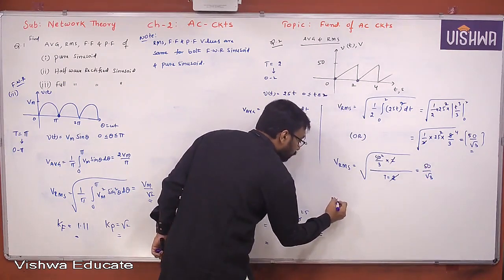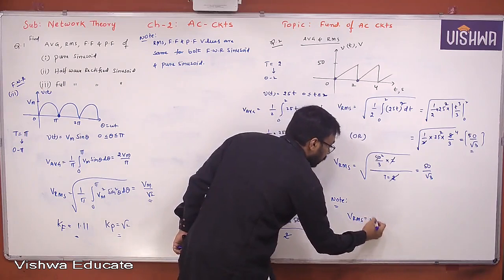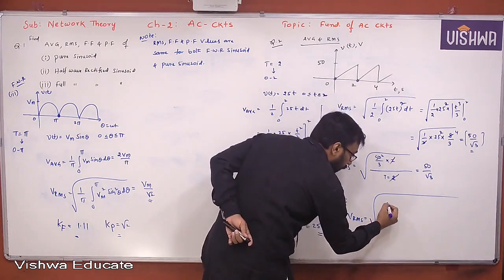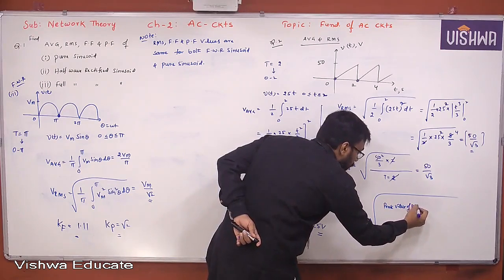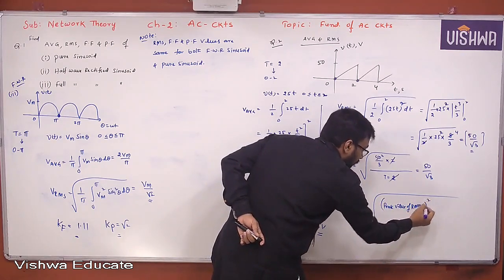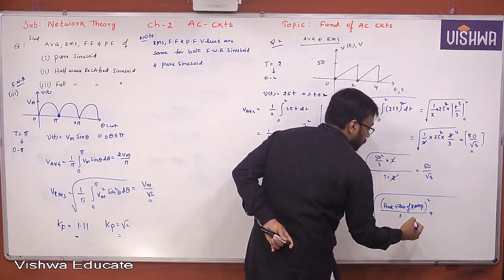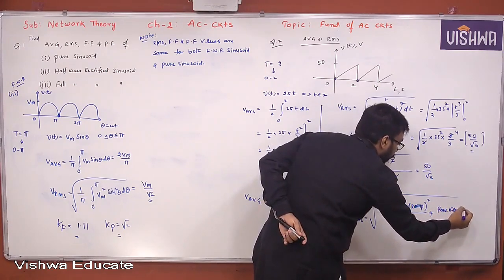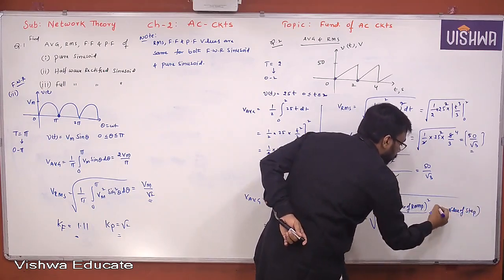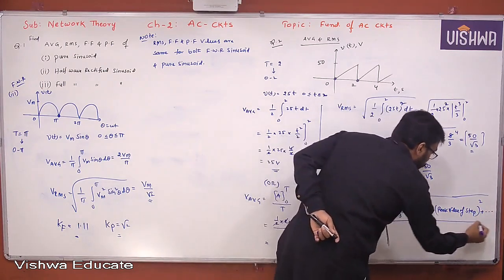Okay, so note: VRMS is equal to the peak value of ramp square by 3, plus the peak value of step square, plus and so on, total divided by the time period.